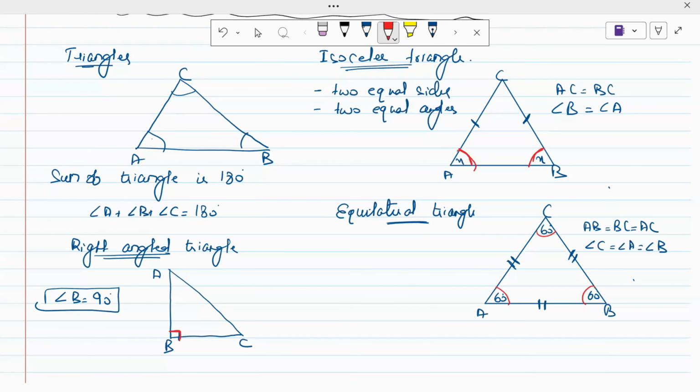It's a must thing. So if I make another right angled triangle, let's say this is PQR, and if Q is 90 degrees, then 90 degrees is always indicated by this small square. So these are the three special types of triangles in our syllabus.